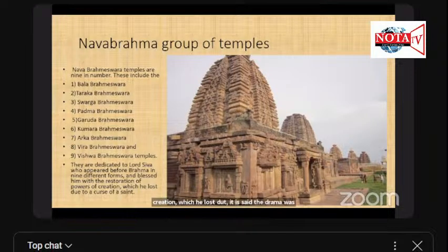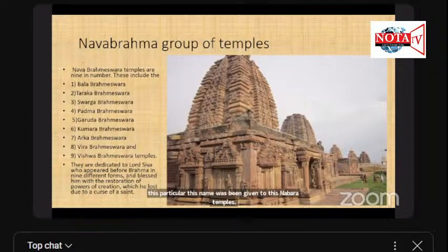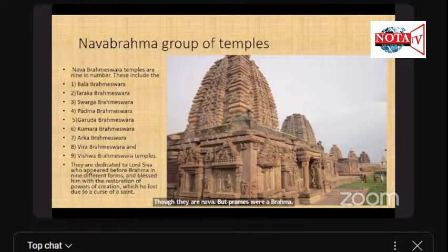So to restore these powers, this name was given to these Navabrahma temples. Brahmeshwara is Brahma plus Ishwara, so these are Saivite temples.